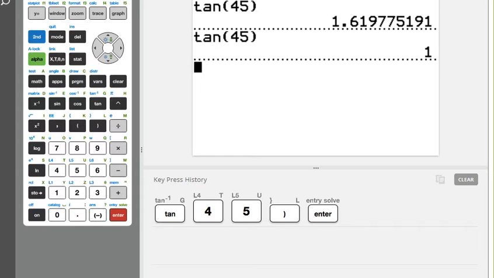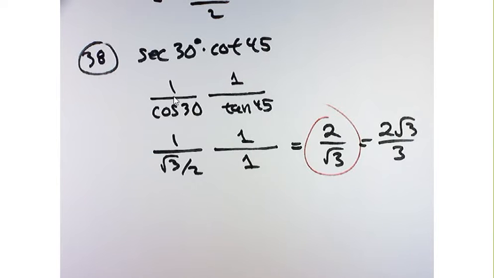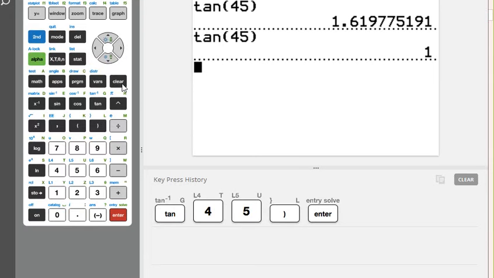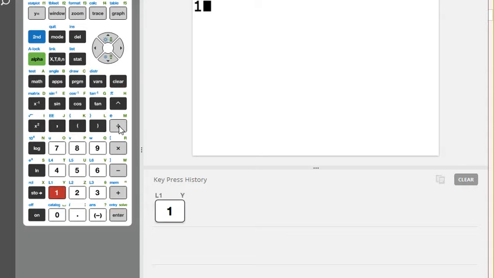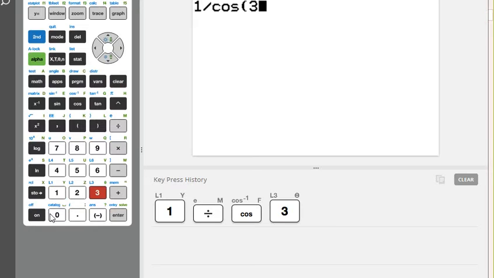Let's do a couple other ones. What if I wanted to calculate the secant of 30? Well, to do the secant of 30, I really got to take the reciprocal of the cosine. So to do that one, let's clear this out. I'll do 1 divided by the cosine of 30.